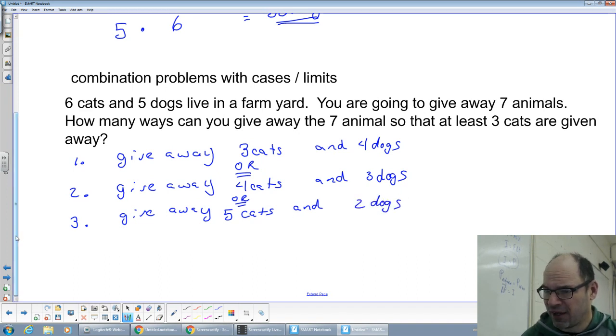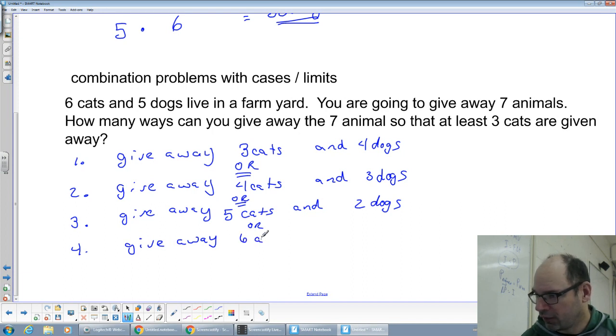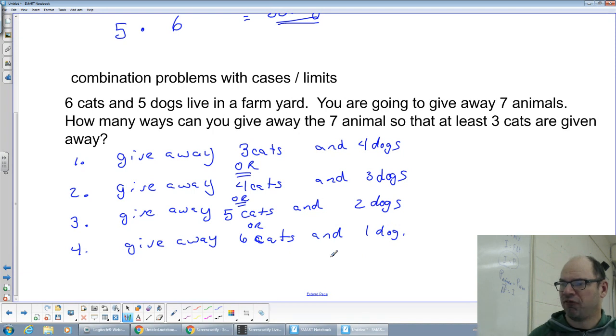Okay, or the last case that I could have, I could give away all the cats. Six cats and a dog. So there are 4 particular cases. You might give away 6 cats and a dog, 5 cats and 2 dogs, or 4 cats and 3 dogs, or 3 cats and 4 dogs.